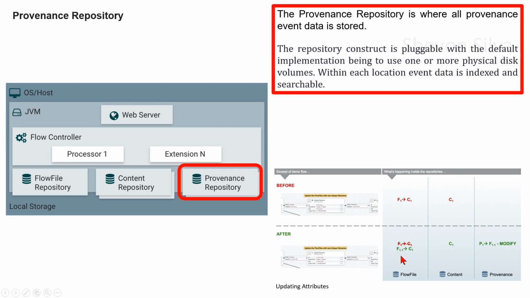The processor updates the flow file's attributes by creating a new delta, F1.1, that still has a pointer to the content C1, and an ATTRIBUTES_MODIFIED provenance event is emitted.